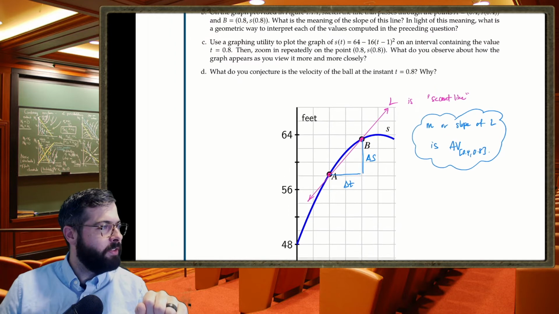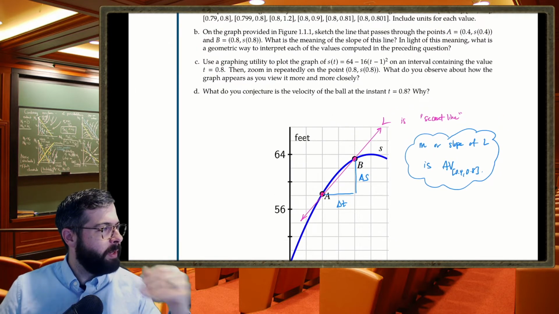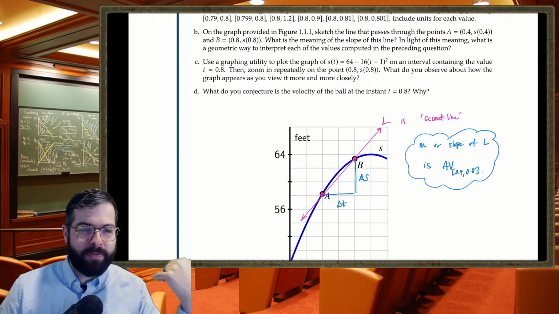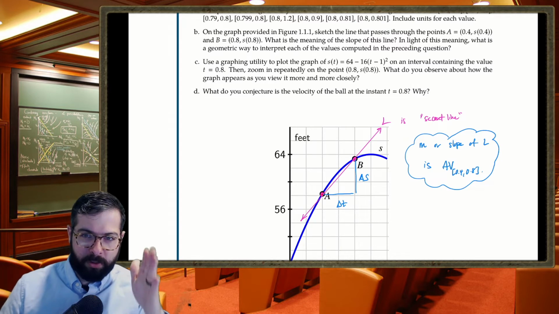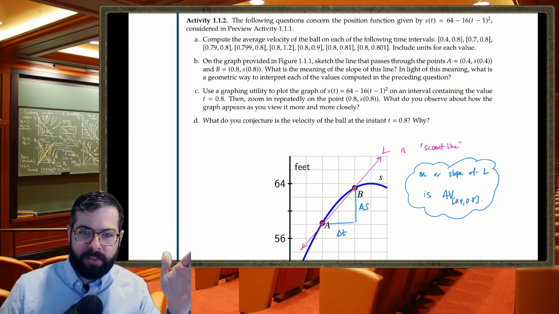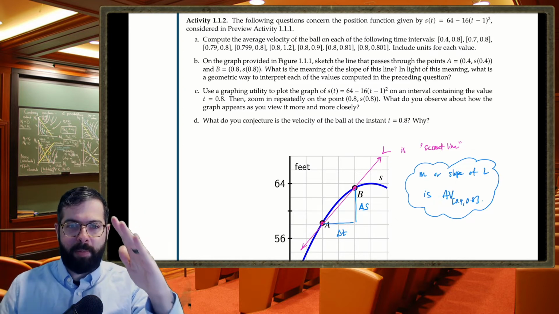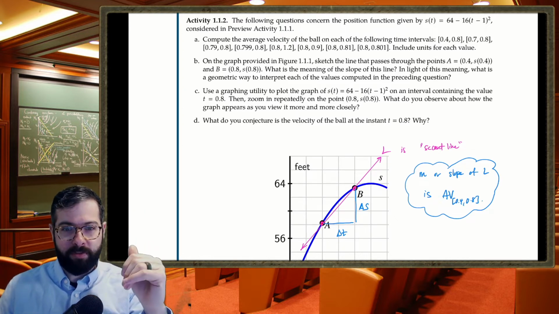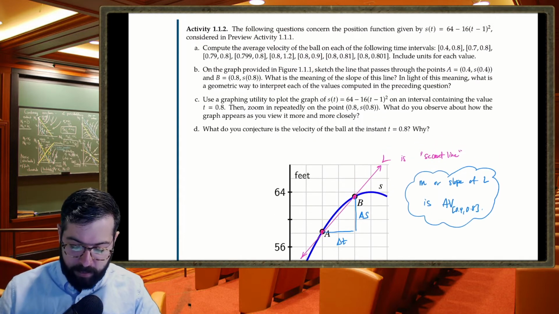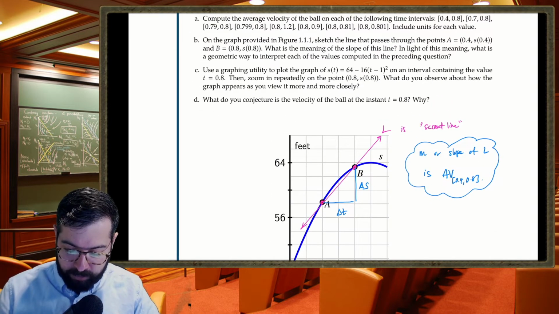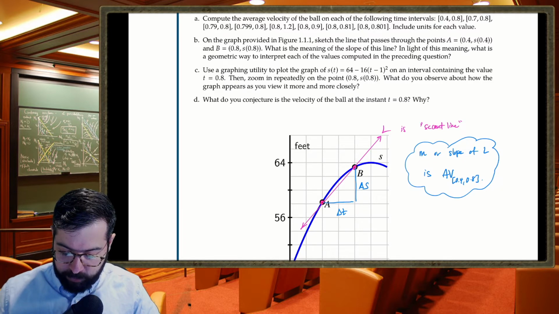So in light of this meaning, what is a geometric way to interpret each of those values we did before? For each of those average velocities that you calculated, these are also the slopes of the line passing through those 2 points on the curve. And what you're approaching with each of those, if you did it correctly, is something like this, starting with this point, going through the slope of that point, and here at point 8.